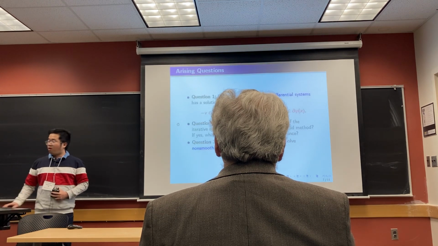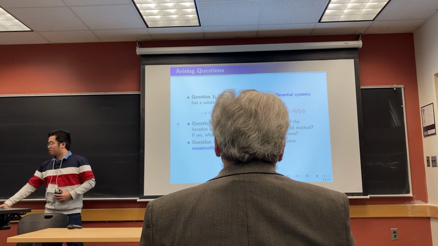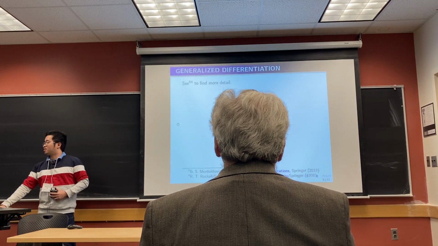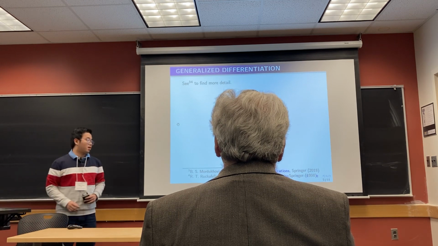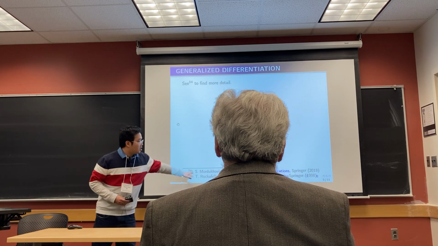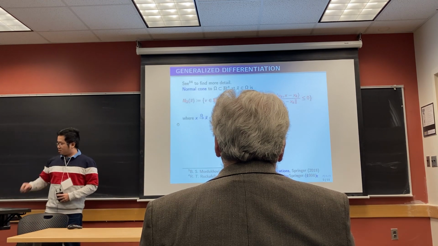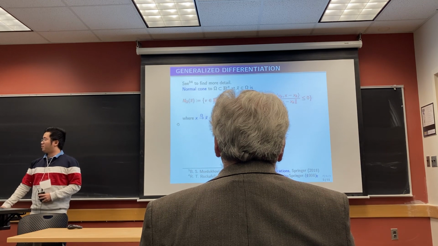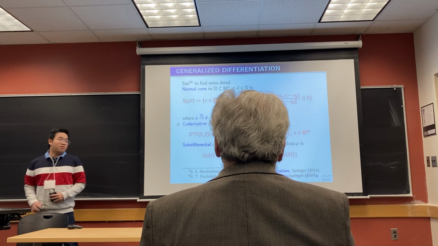Before answering these questions, I need to recall some tools of variational analysis. You can find more details in the books of Professor Mordukhovich and Rockafellar and Wets in these references. Here I need to recall the definitions of normal cone, co-derivative, and subdifferential.